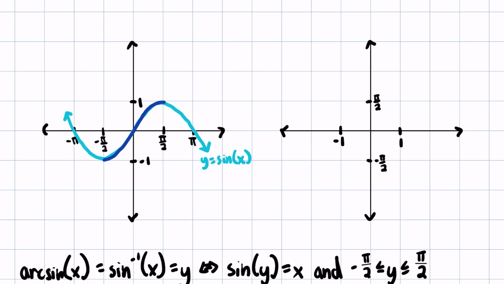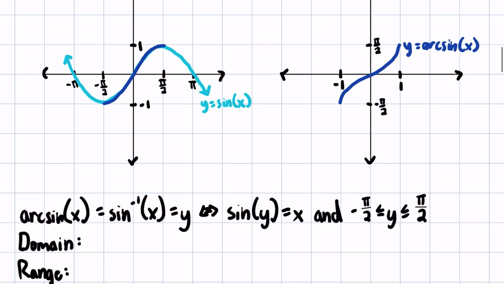When we actually invert the graph, we're just flipping it over the line y equals x, all right? And that gives us a graph that looks something like this. This is the graph of arcsine of x.